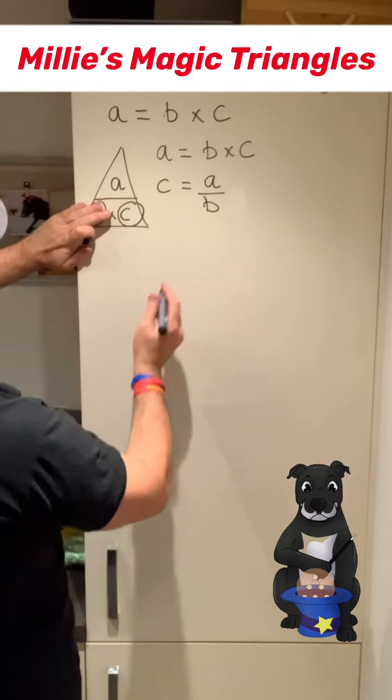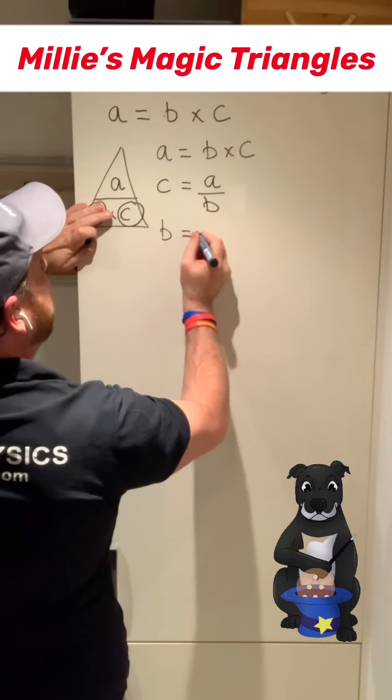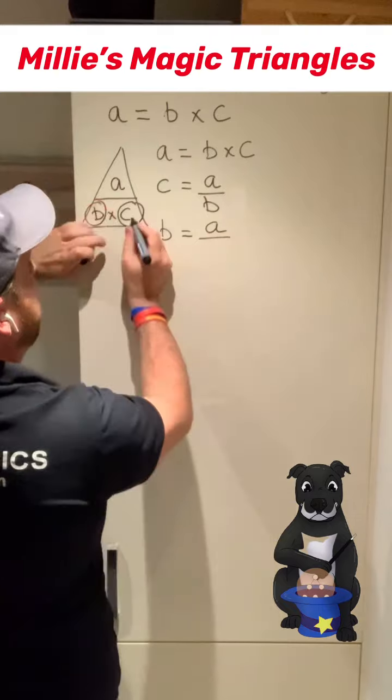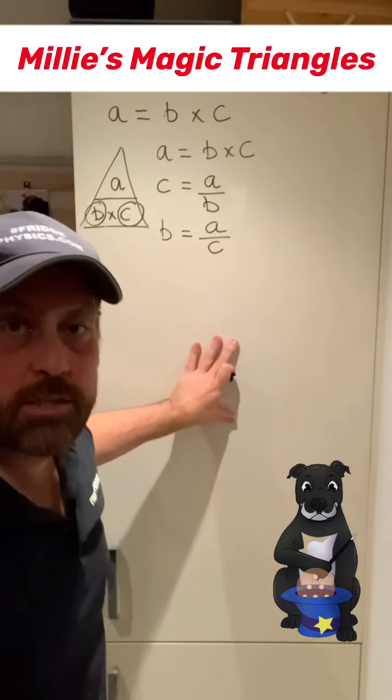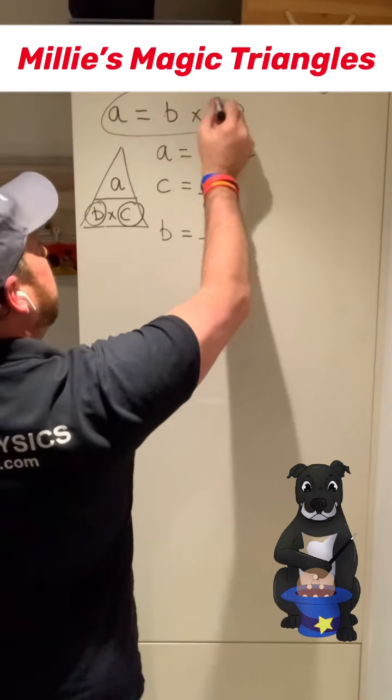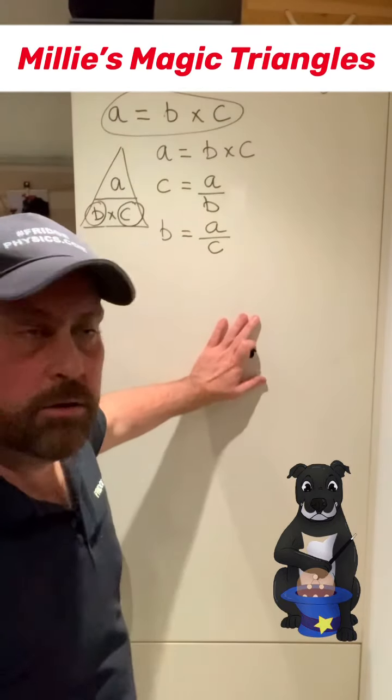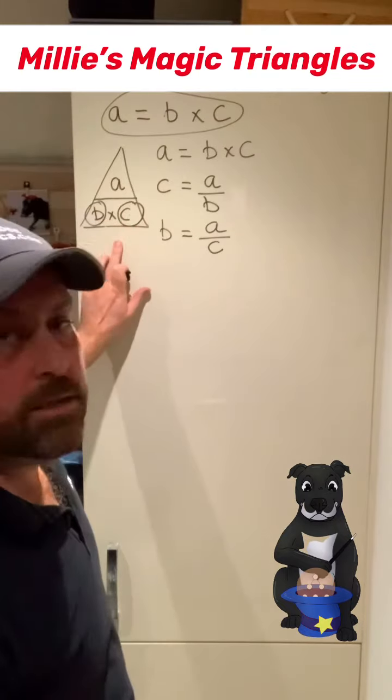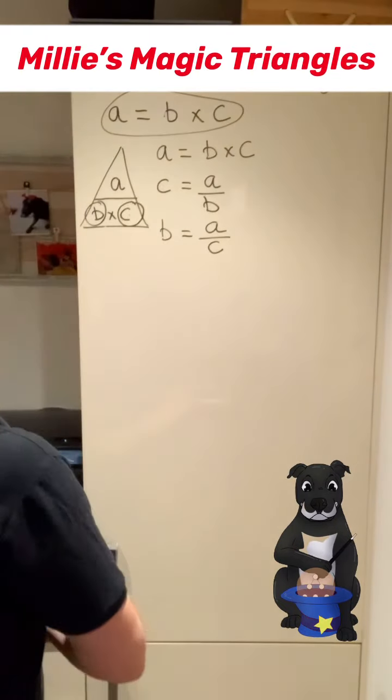We cover that up. B equals A divided by C. That's straightforward. That's how you put this type of equation into a magic triangle so that you can manipulate your equation. Let's try another one.